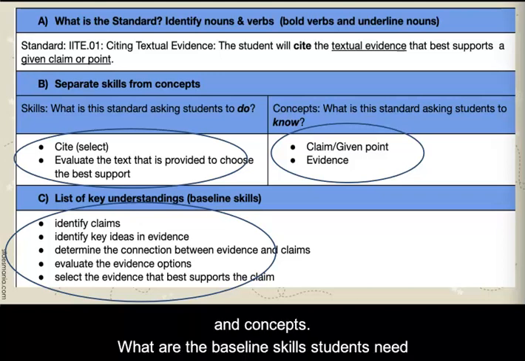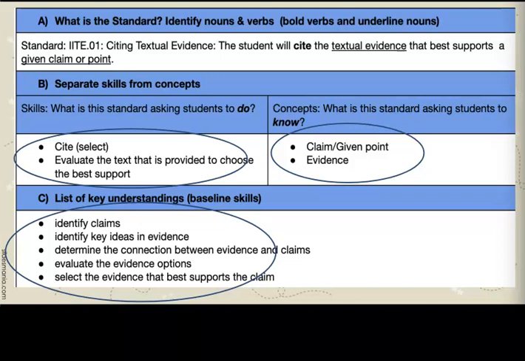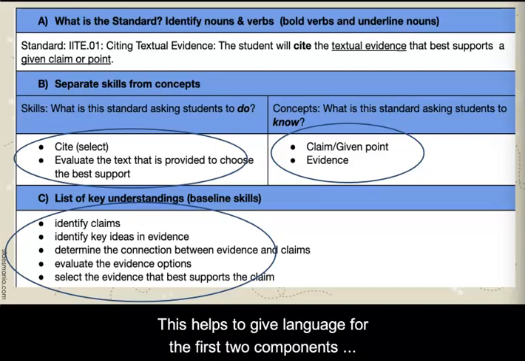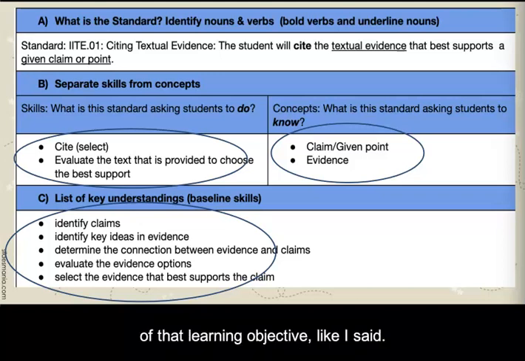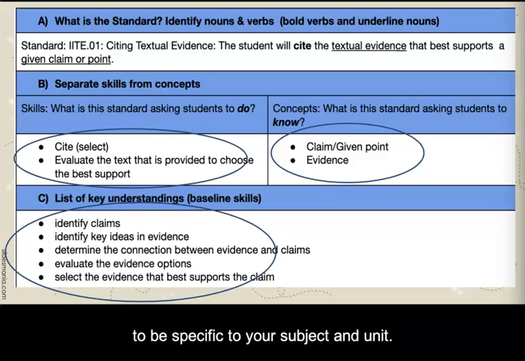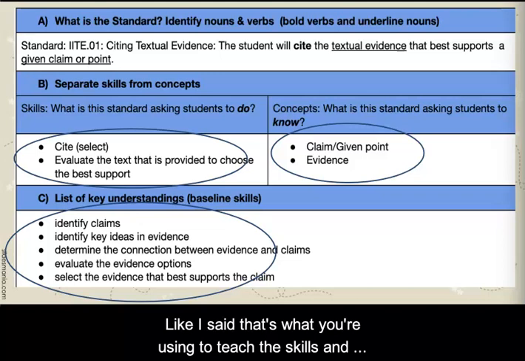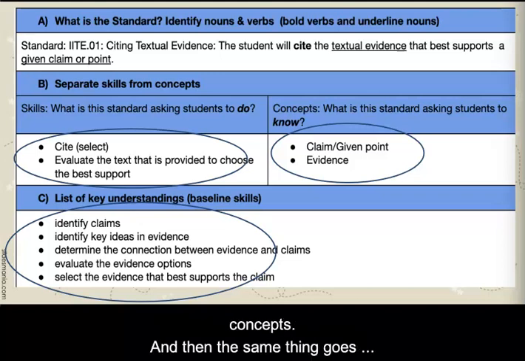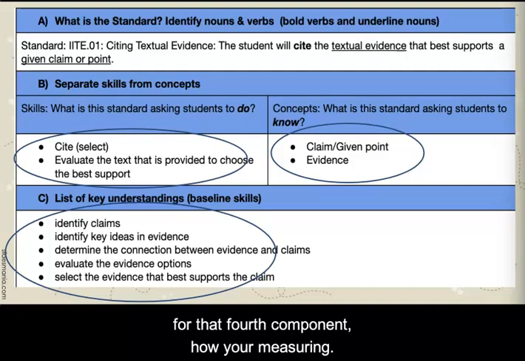What are the baseline skills students need in order to perform the overall skill? This helps to give language for the first 2 components of that learning objective, like I said. The third component of that objective, the context, is going to be specific to your subject and unit. Like I said, that's what you're using to teach the skills and concepts. And then the same thing goes for that 4th component, how you're measuring.